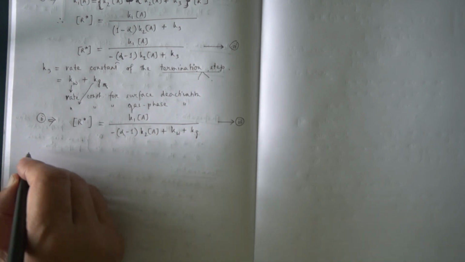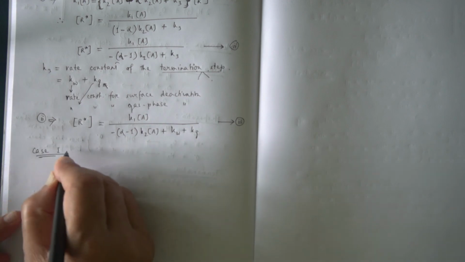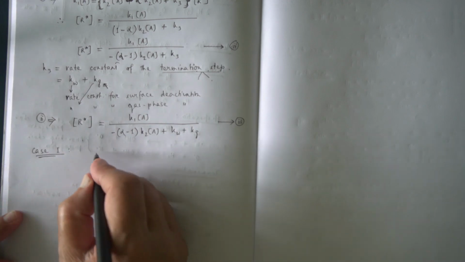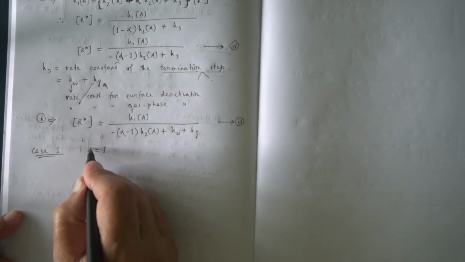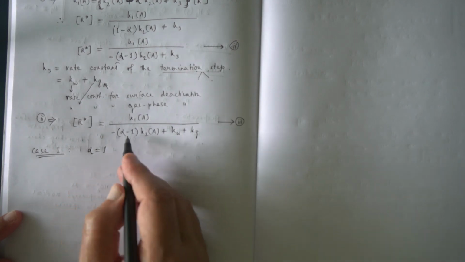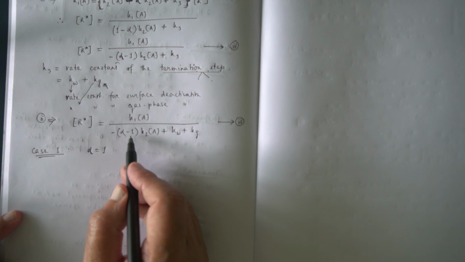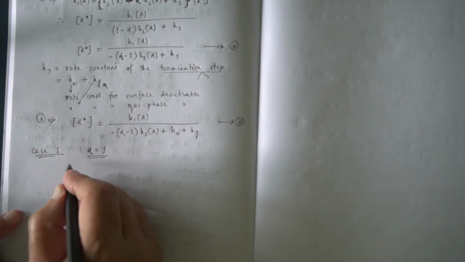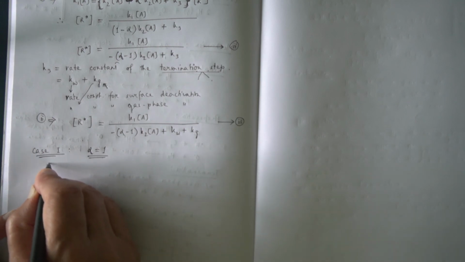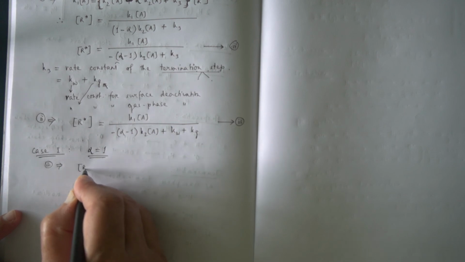Now here, case 1 may be alpha equal to 1. We know if alpha is equal to 1, we get a non-branching chain reaction. Then what is the concentration of R?